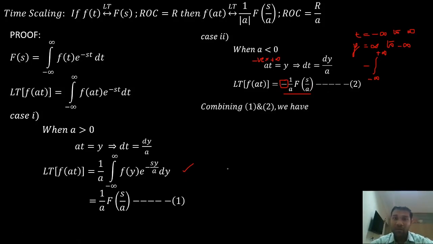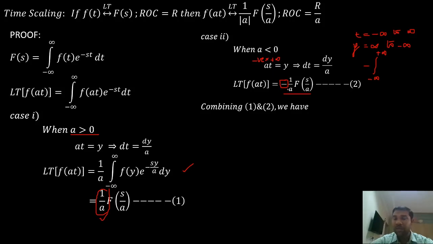So I'll combine both equations 1 and 2. What does it state? If a is a positive value, I have 1 by a F of s by a. If a is a negative value, I have negative of 1 by a. Negative of negative is again positive, right? So whatever the value of a, whether a is positive or negative, my multiplicative factor here is positive. In this case it is positive.